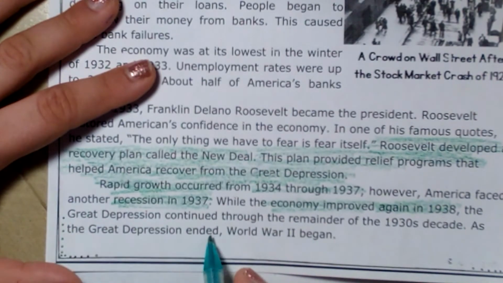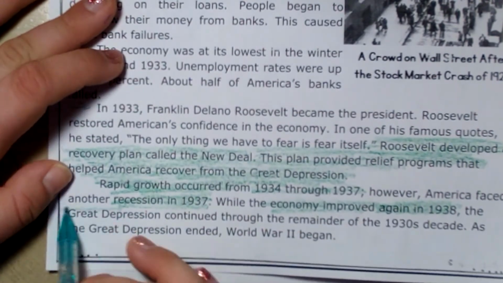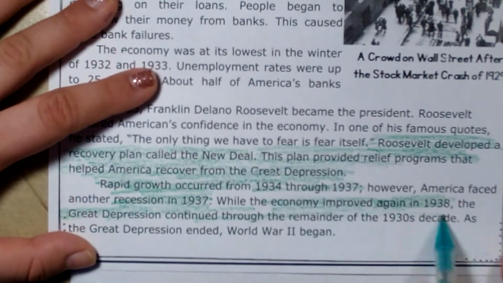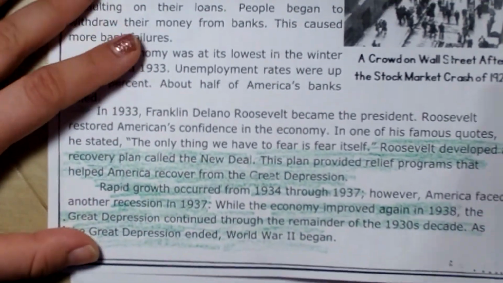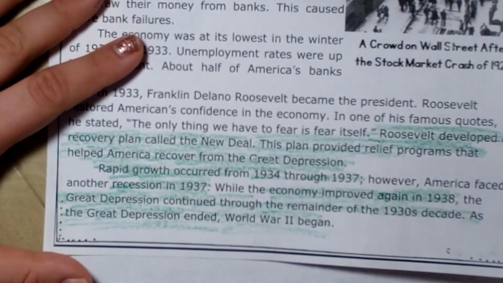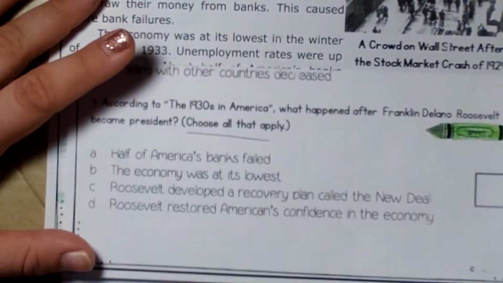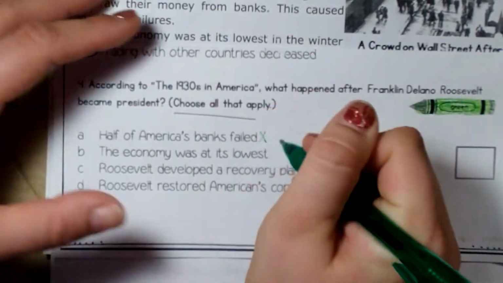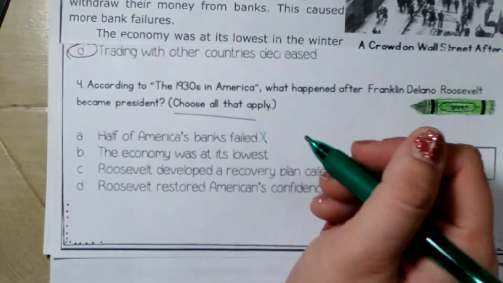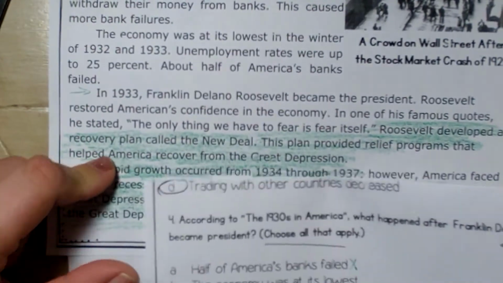As the Great Depression ended, World War II began. So, these are all after he became president. So let's see what choices we have. If I highlighted it green, half of America's banks failed. That happened before the economy was at its lowest. Let's see here.